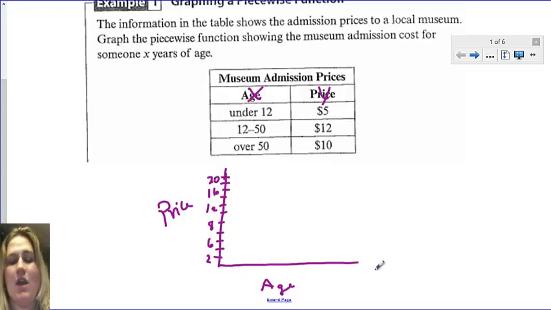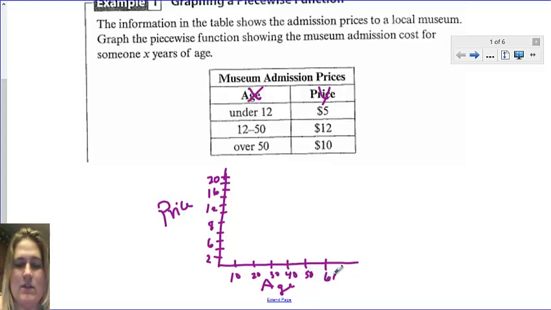Okay, so for the age, it ranges from basically 0 to 12, or 0 to 50. So we'll go 10, 20, 30, 40, 50, and 60.